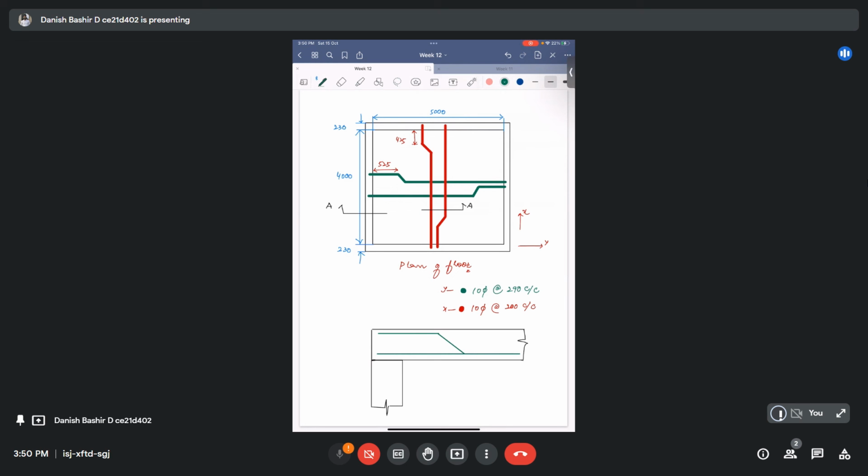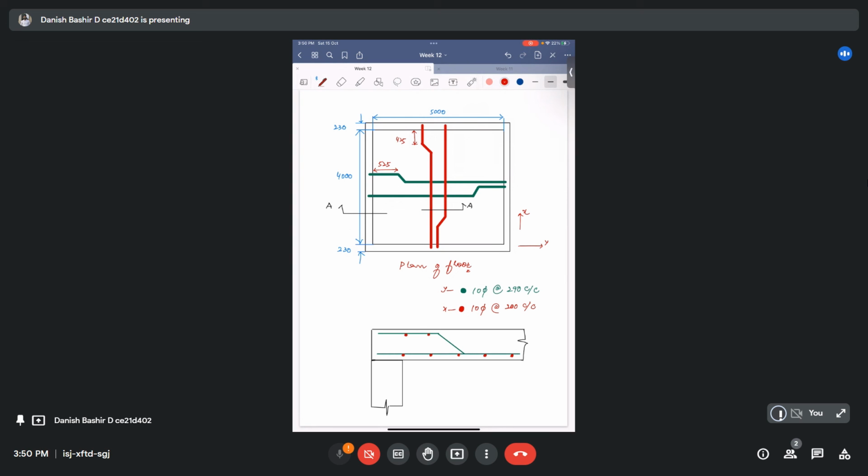And we have provided red reinforcement like this. Red is also 10 mm. We have provided it like this, 10, 10, 10, 10 over it, sorry, these are blue. 10, 10, 10, 10, 10, okay?